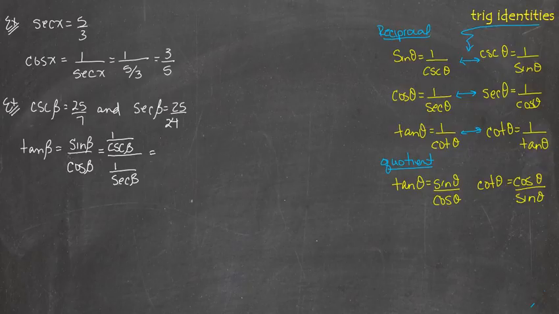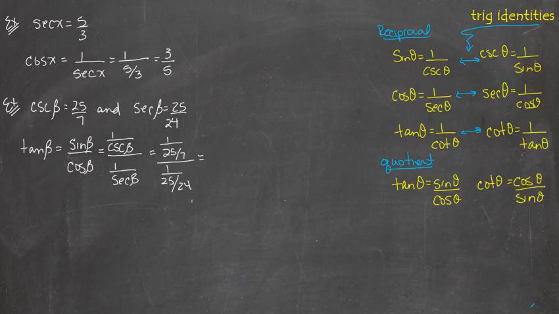So now I'm going to put in values. So I have 1 over 25/7 and 1 over 25/24, just substituting the value for cosecant and the value for secant.